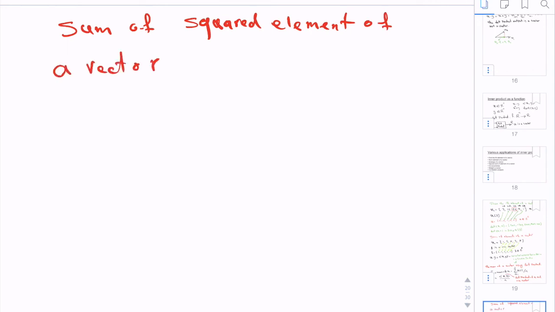What does it mean, the sum of the square elements of a vector? That means if x is x1, x2, through xn, then let's call this sum S. Let's put a letter that's not confusing with others.